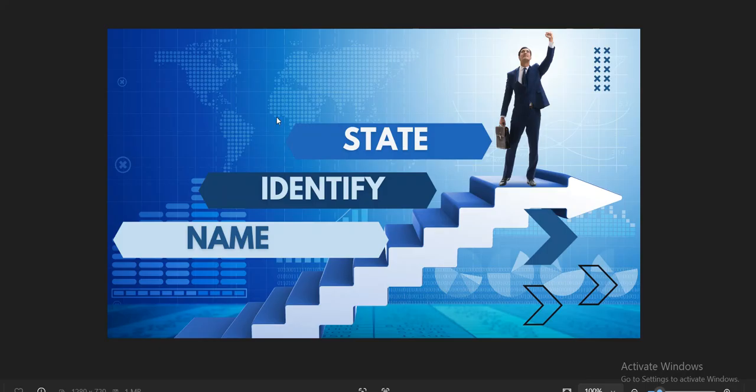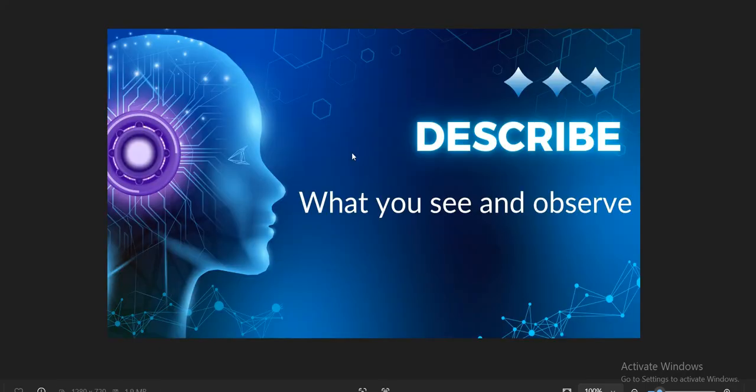Okay, so the next command word which is very important in your IGCSE exam is describe. Describe means say what you see or what's happening, which means you have to tell and describe it. Let's suppose they ask you to describe the trend in a graph, so you have to describe what you are watching, what you are getting, and what information is there.